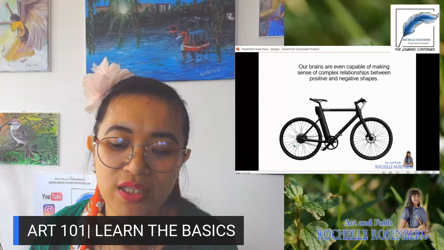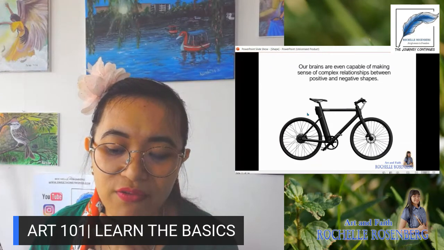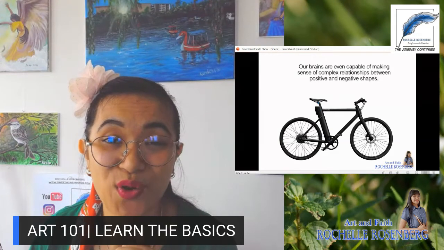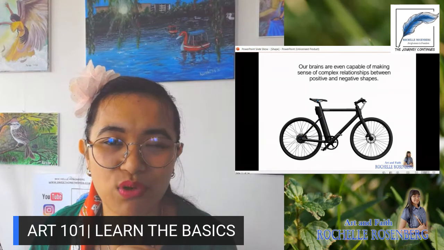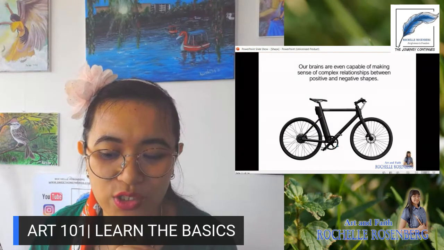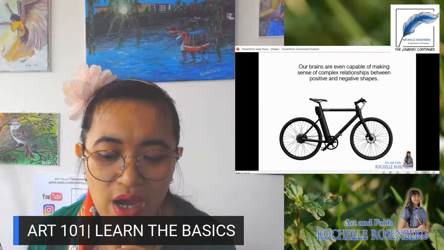If you look at this bicycle, you can see there are different shapes and lines here, all right? But since we are just covering the shapes, you can see different types of forms in here. There are triangles, a few of them or many of them, and there are rounds.